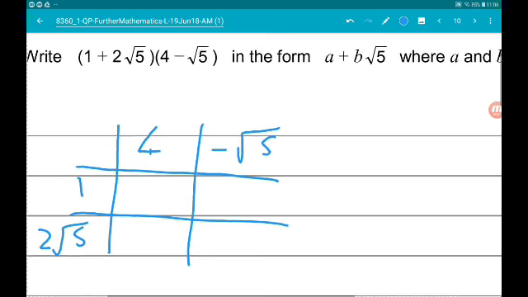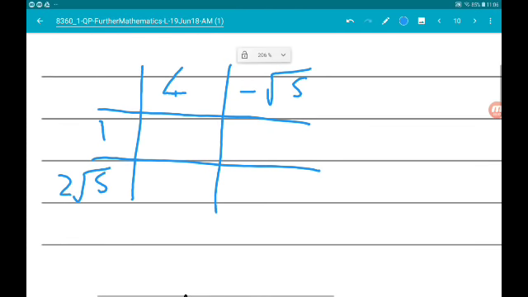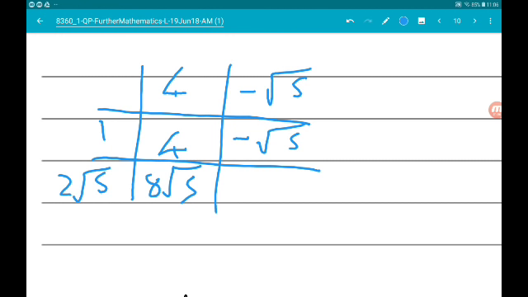Okay, so 1 times 4 is 4. 1 times minus root 5 is minus root 5. 4 times 2 root 5 is 8 root 5. And now we've got the tricky one. So we've got 2 root 5 times minus root 5. Now that is going to give us minus 2 root 5 root 5. Root 5 root 5 is 5.